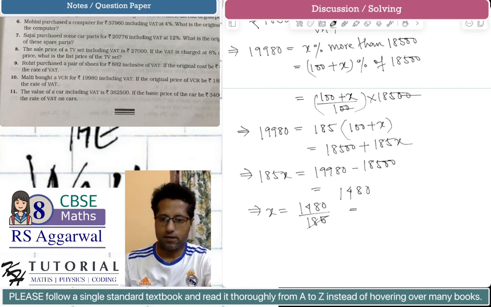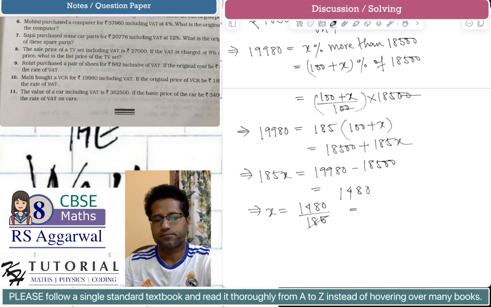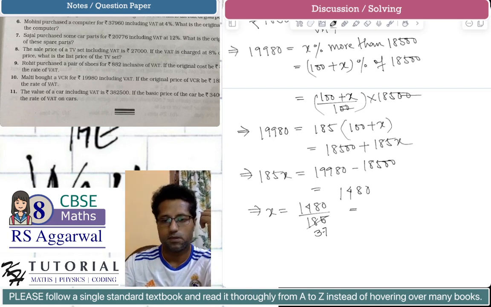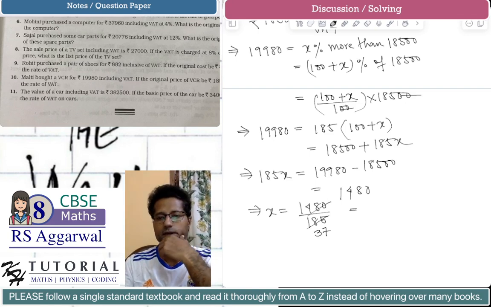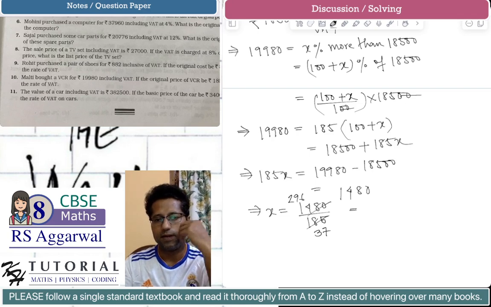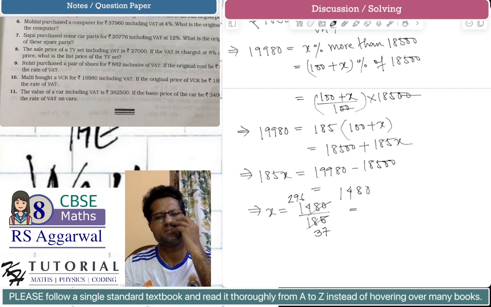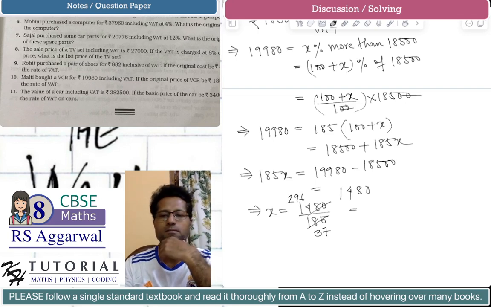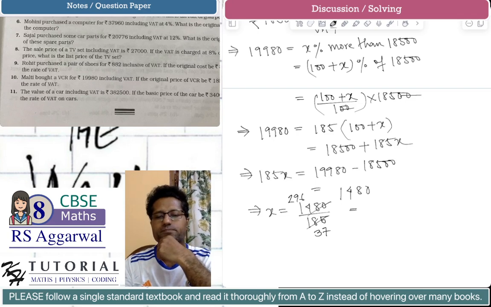5 divides 185 with that is 37. 5 divides 1480 with 296. 37 divides 296 with 8.